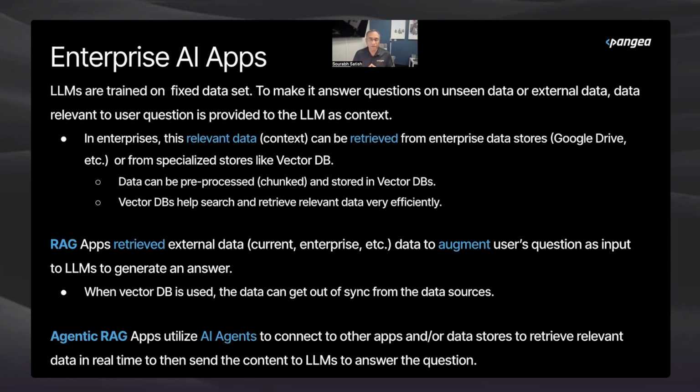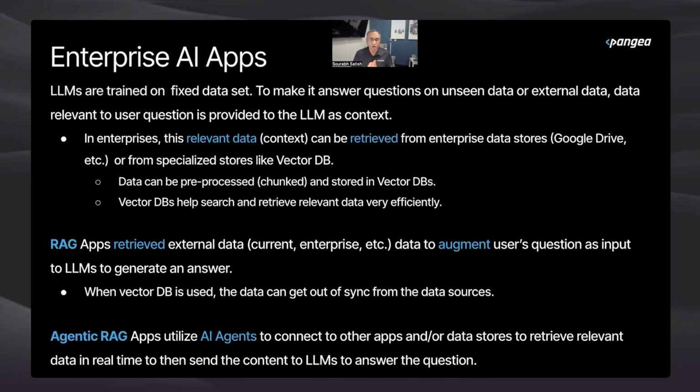This data could be locked in enterprise applications or data stores like Google Drive, etc. The most common architecture for in-production AI applications in enterprises is all about retrieving this data and storing it into a data store in a format that is very efficient for retrieval, so that the relevant piece of information can be passed as context to the LLM for it to then come back with a response.